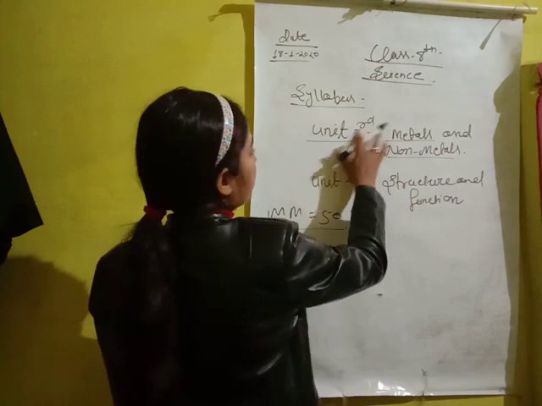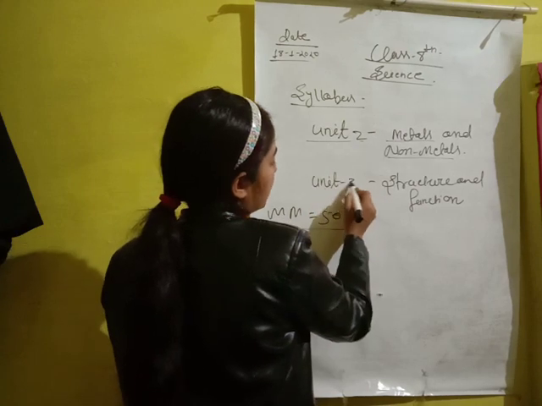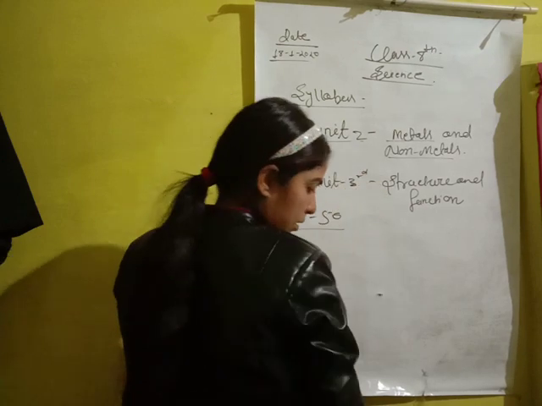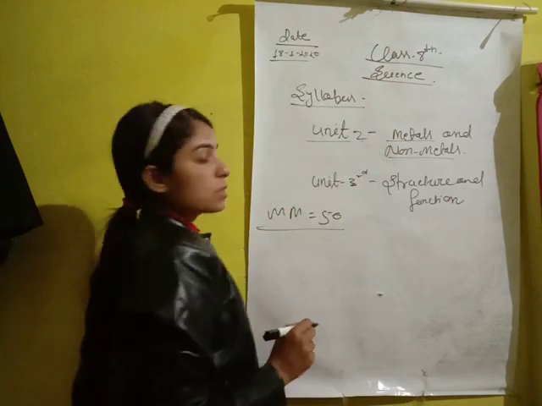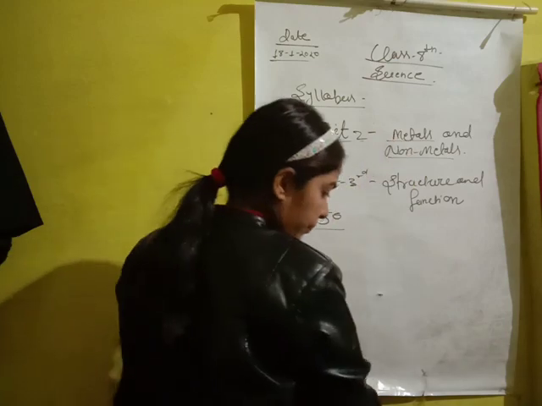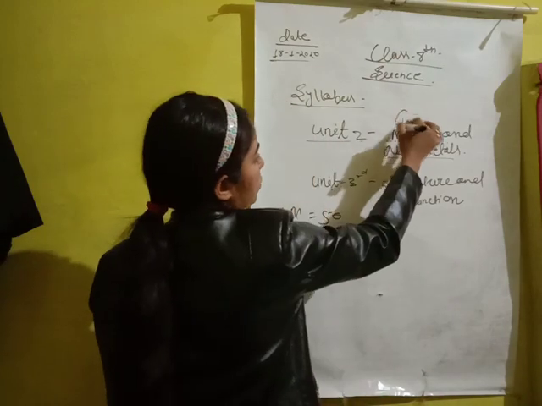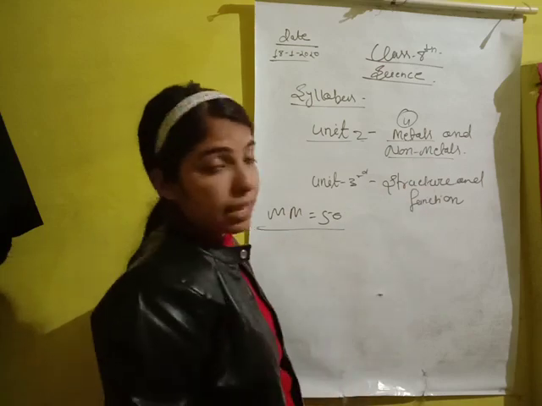Sorry, this one is unit 2nd. Unit 2nd and unit 3rd. Clear? Okay. So your syllabus is of unit 2nd, chapter 4, that is matter and non-matter. You have to read the complete lesson.